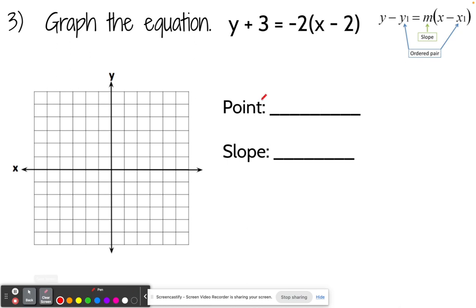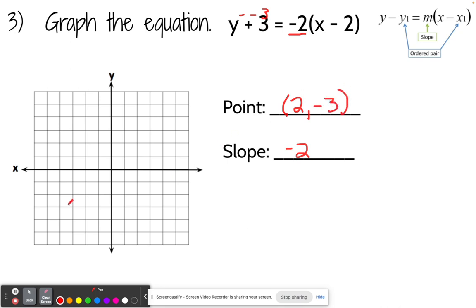Okay, next one. Here's my slope, -2. My x coordinate is 2, because it's x minus my x coordinate. And now y minus my y coordinate. Since I have a plus, we know that's going to be a -3 for my y coordinate.